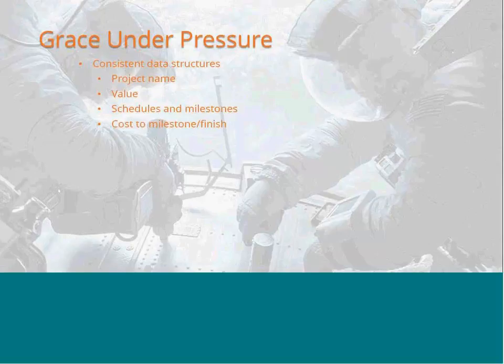Similarly, consistent value metrics and the way those metrics are created, schedules and milestones, and the cost structures all have to be very uniform across all projects. Even review scope is critical. Which projects are up for review? Is it phase 4, or just things that are in the clinic, or just things that are phase 2A and beyond?